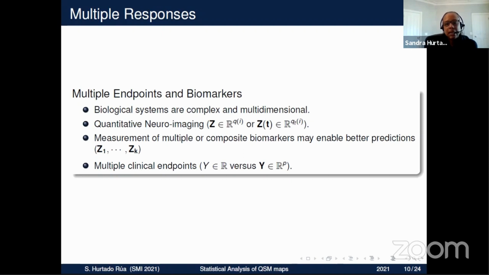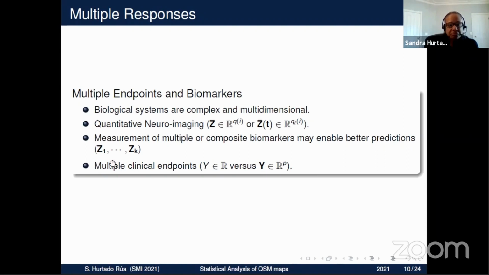And with respect to the clinical endpoints, as Susan talked about earlier, we may have a disability measure, EDSS as the gold standard, but we may also want to find a whole vector of cognitive measures and EDSS together. So instead of talking about a scalar as our endpoint, we may be thinking about a vector of outcomes.